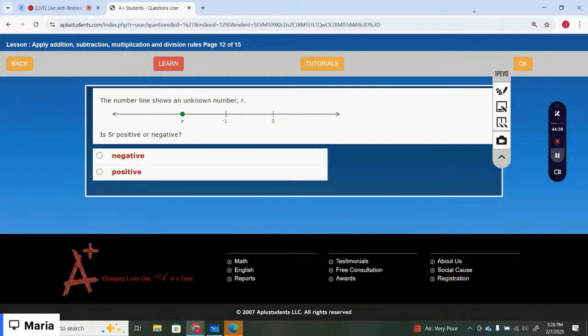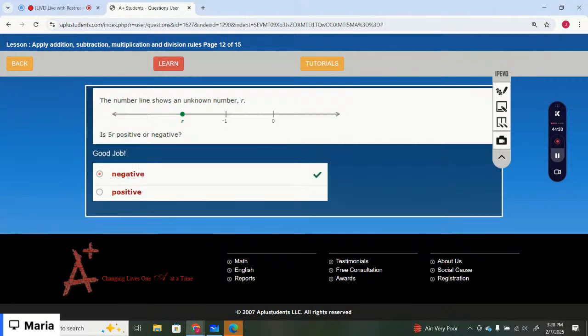R is a negative number. 5 times R is negative. Option number 1 is the correct option.